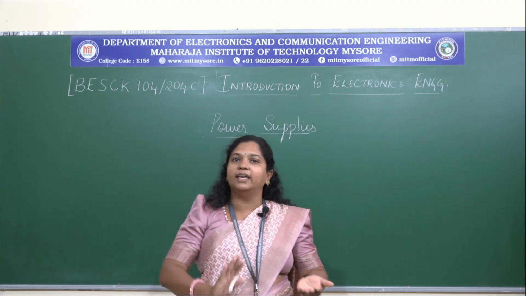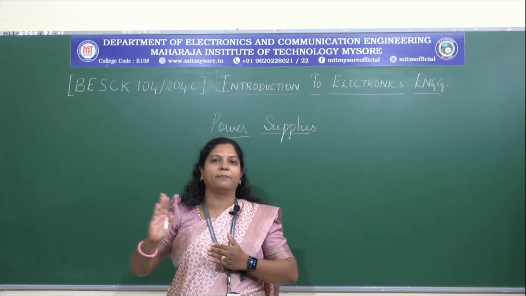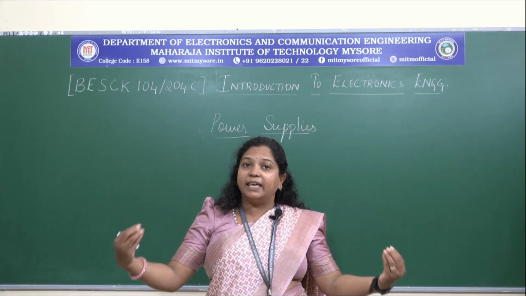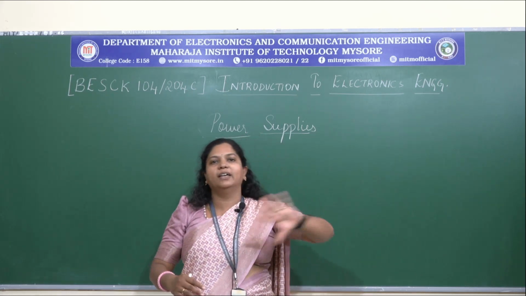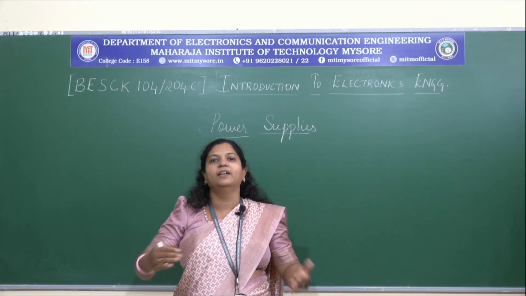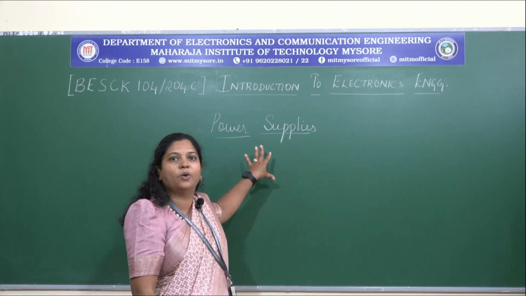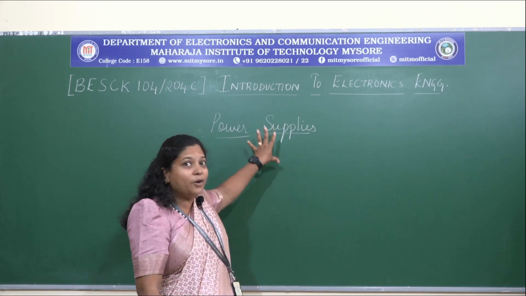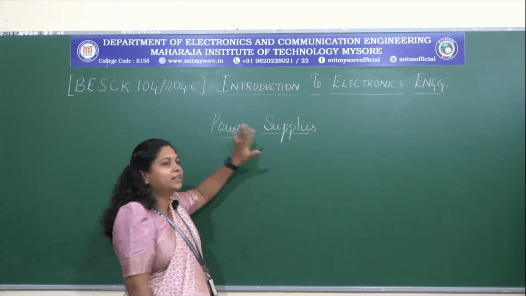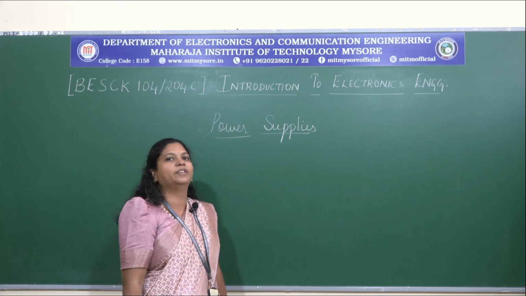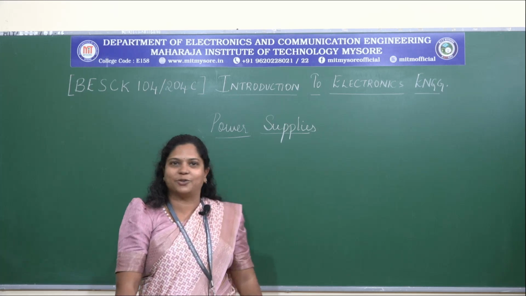One way or the other, we make use of a block that is known as a power supply in our day-to-day electronic gadgets, or in the design and development in our respective branches. That is where this unsung hero of electronics, we do not mention it everywhere, but this is the main block that should be used for any of the electronic gadgets. That is why we call it the unsung hero of electronics.